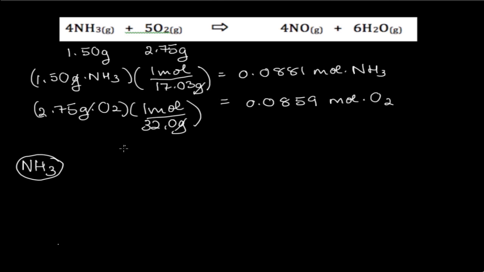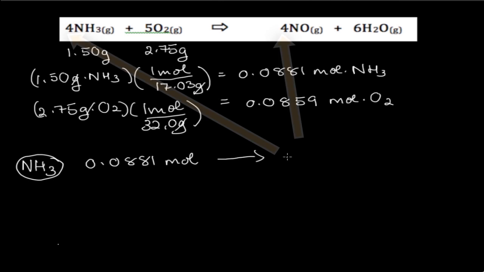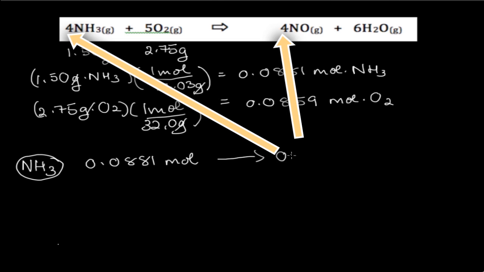We have 0.0881 moles of ammonia, and that means we will have the exact same number of moles of NO, because the ratio in the equation is 4:4. So that's going to give us the same moles of NO.